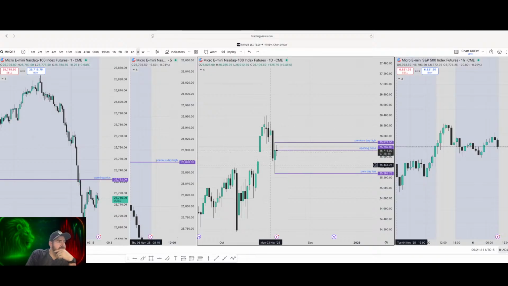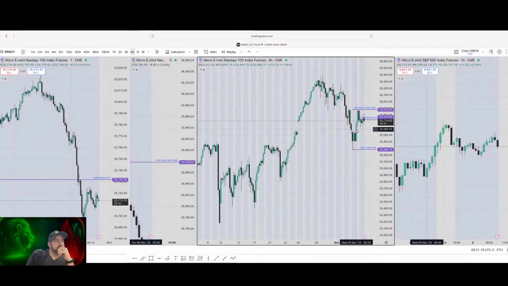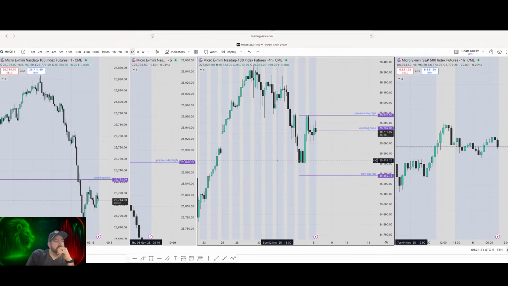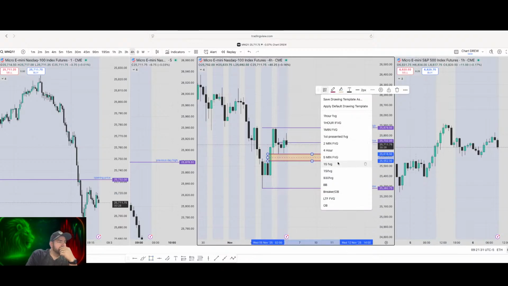We just filled the gap. Long wick. It'd be best to look for longs, but we'll see. This here, we tapped into this 4 hour. Excuse me. We tapped into that.